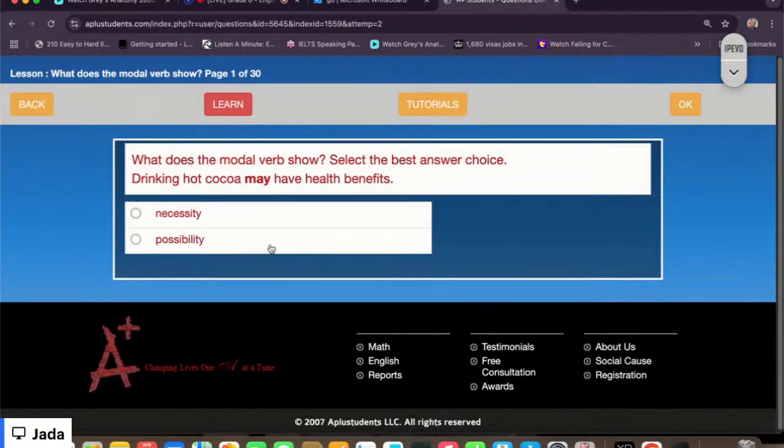Drinking hot cocoa may have health benefits. Necessity or possibility? What do you think?